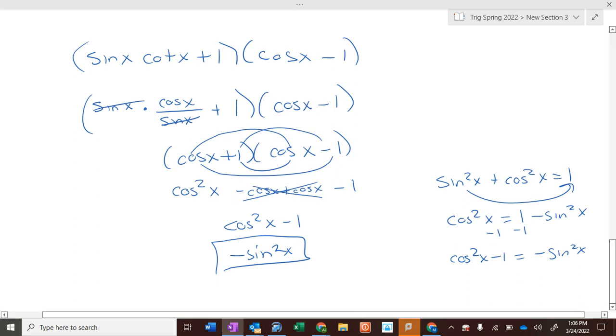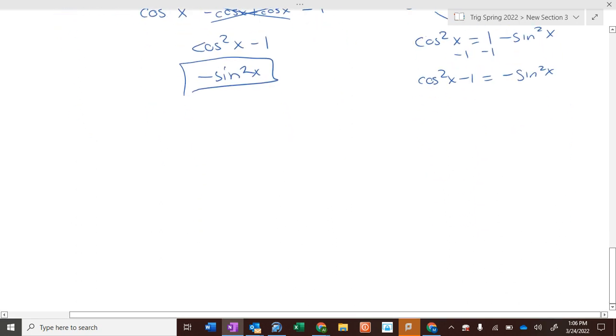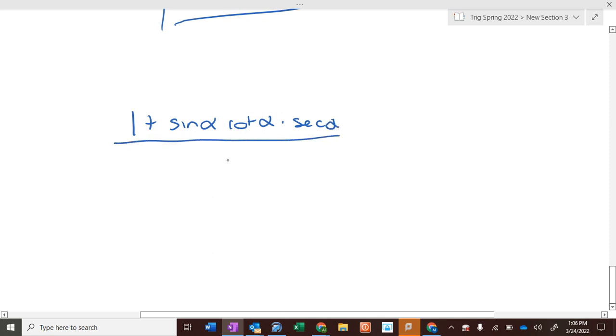So the biggest thing today is we're going to figure out how to turn things into sines and cosines and simplify away. Okay? One last problem. Let's say we have 1 plus the sine of alpha times the cotangent of alpha, and the secant of alpha, and we're all dividing that by the secant of alpha.